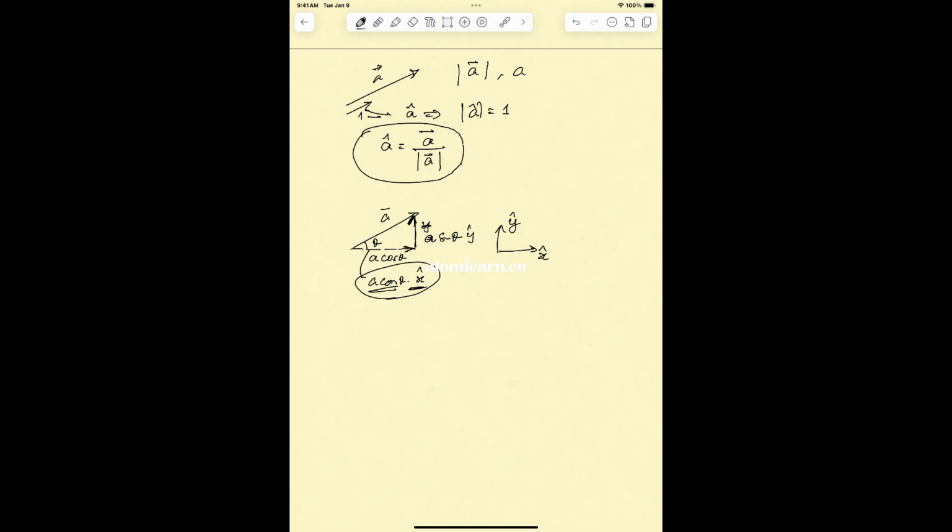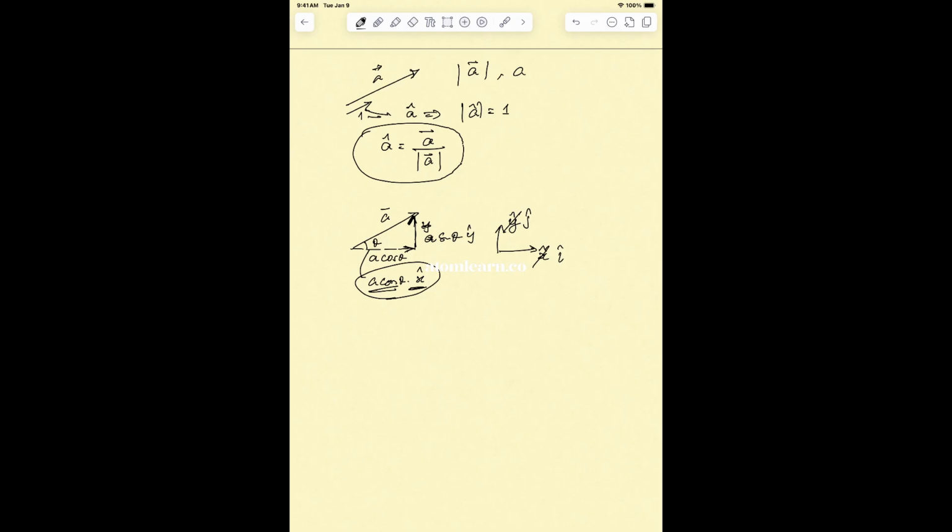Now what mathematicians have decided is, instead of having it as x hat or y hat, they call it i cap and j cap. It's more convenient because the x and y symbols can be reserved for coordinates. Therefore you don't confuse the unit vector x with the coordinate of any particular point as x comma y.